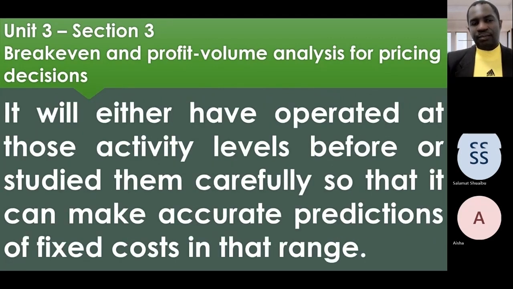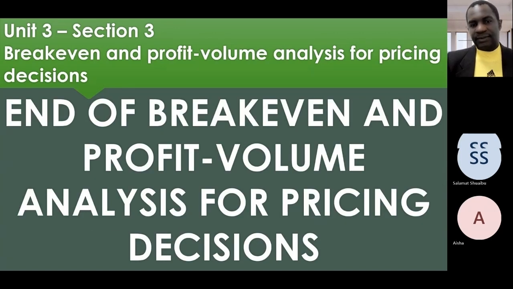So you will have operated at those activity levels, that's the fixed and the variable costs, before you study them carefully to know whether they have changed from fixed to variable over time. So monitoring and accurate predictions are very, very important.